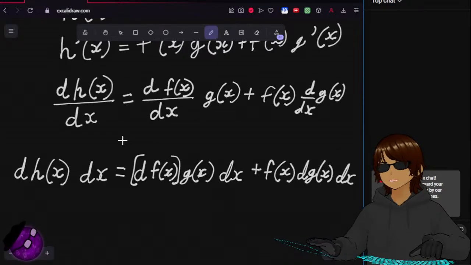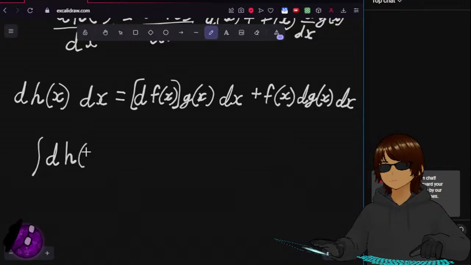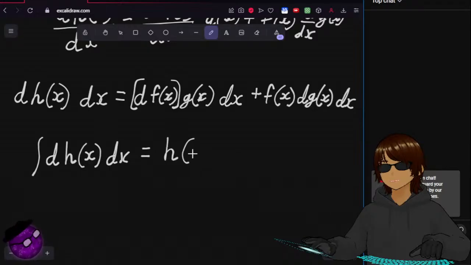If I integrate both sides, this will give me h of x.